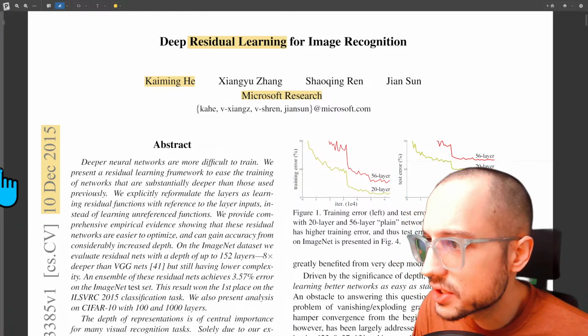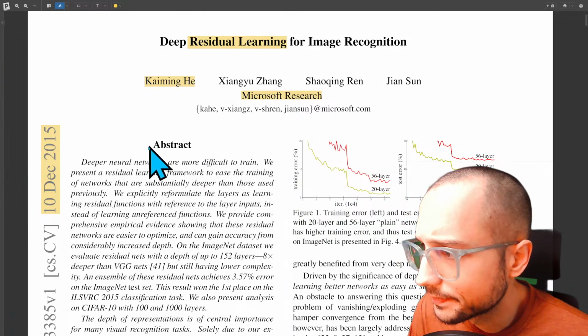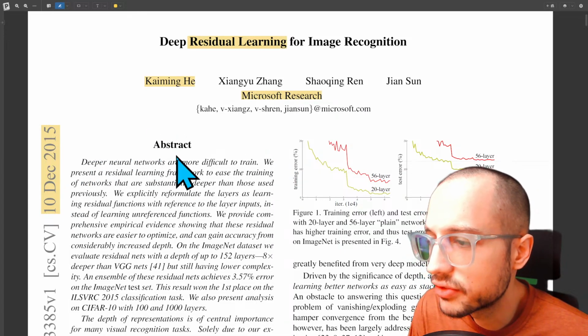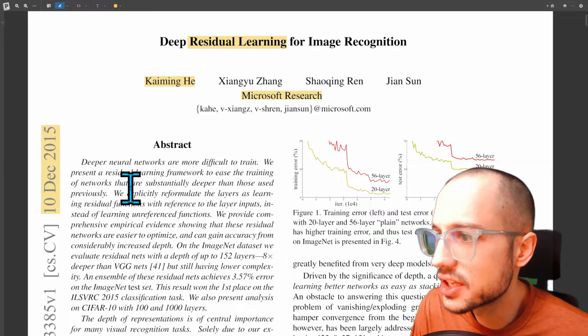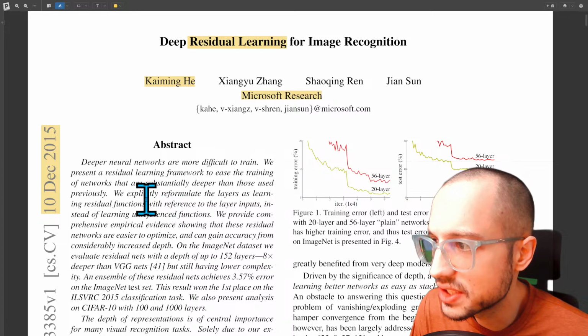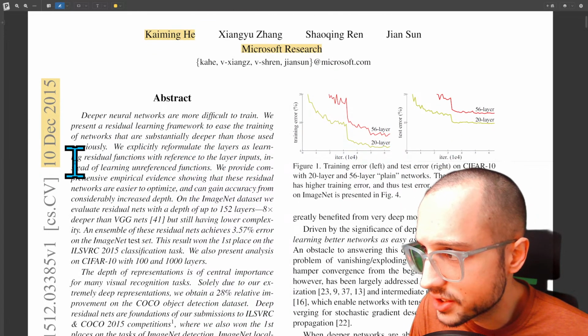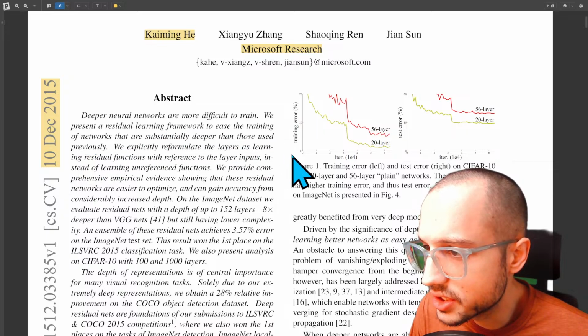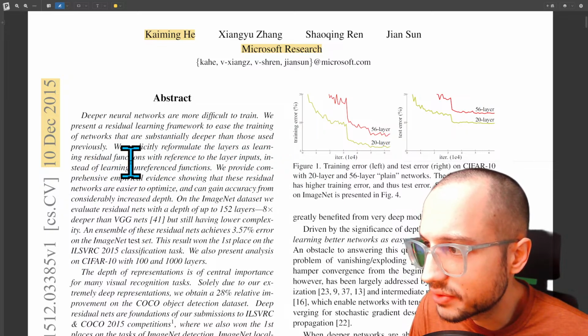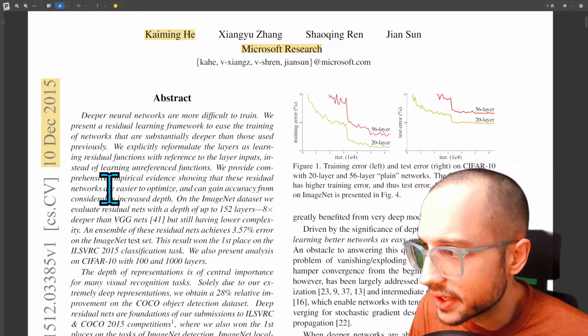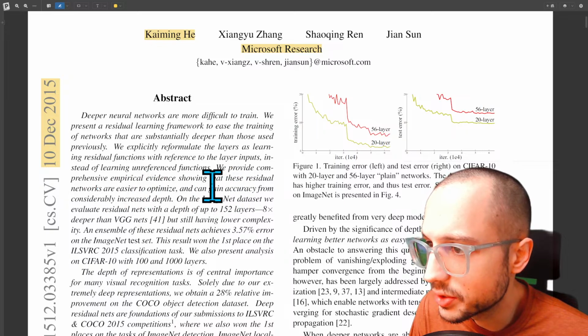Deeper neural networks are more difficult to train. We present a residual learning framework to ease the training of networks that are substantially deeper than those used previously. We explicitly reformulate the layers as learning residual functions with reference to the layer inputs, instead of learning unreferenced functions. We provide comprehensive empirical evidence showing that these residual networks are easier to optimize and can gain accuracy from considerably increased depth.